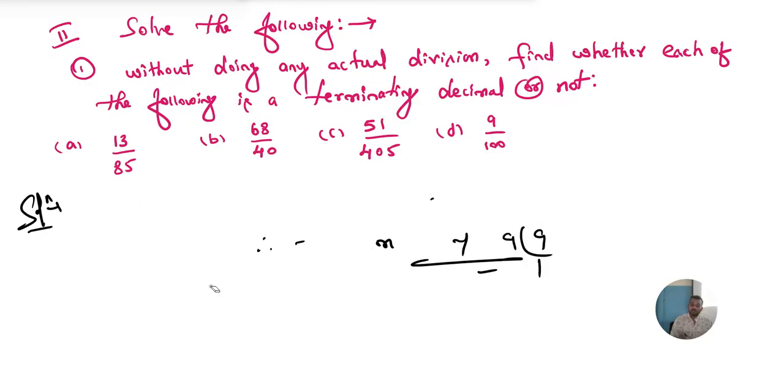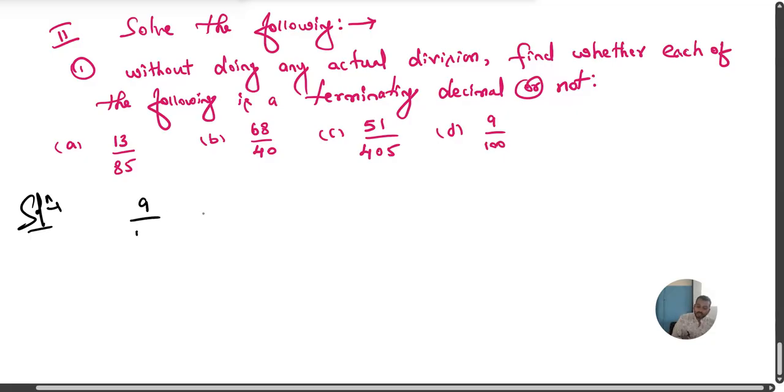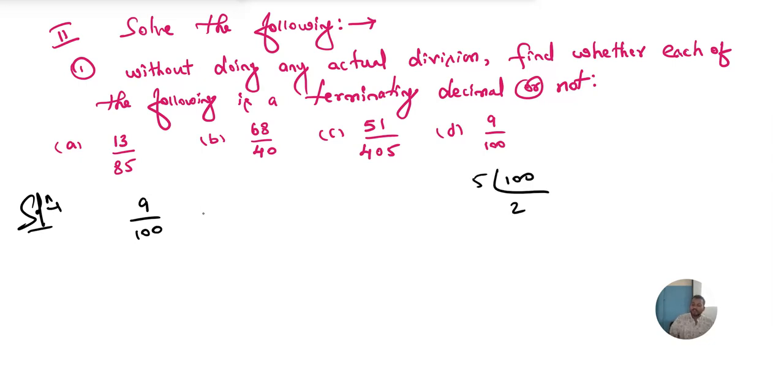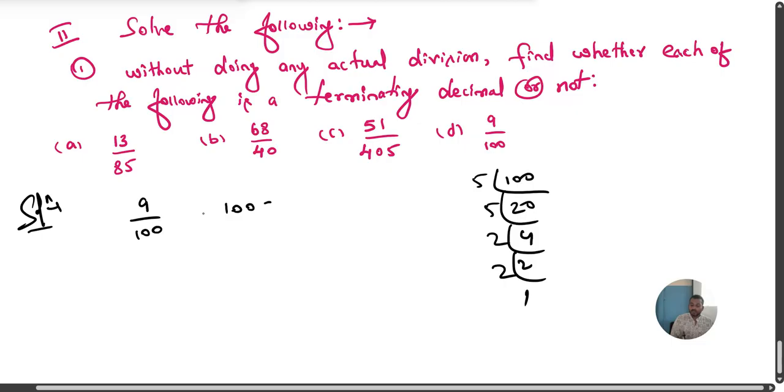Good. And next, let me see. That is 9 by 100. The denominator is 100. Take the LCM. Shall we take with 5? 5 2s are 10, 5 4s are 20, 2 2s are 4, 2 1s are 2. So the denominator is in the form of 2 square into 5 square.